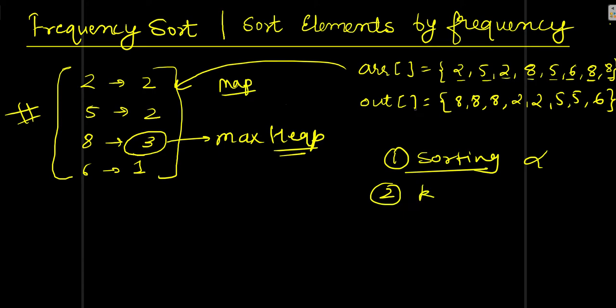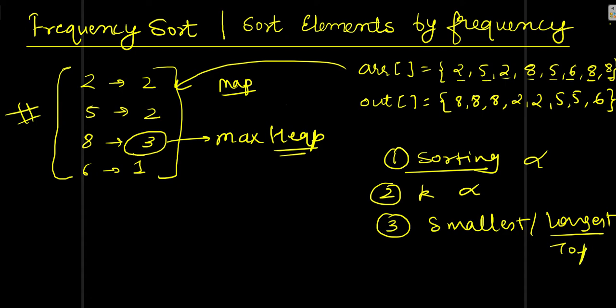Then, is k given? Is k anywhere given to us? No, k is also not given, so I'm not getting any kind of hint that I should use heaps. Third, is there any smallest or largest thing asked, topmost, or similar synonym words which you can think of? It's not explicitly mentioned in the problem statement, but we can see that I need to print the element which has the maximum count first.